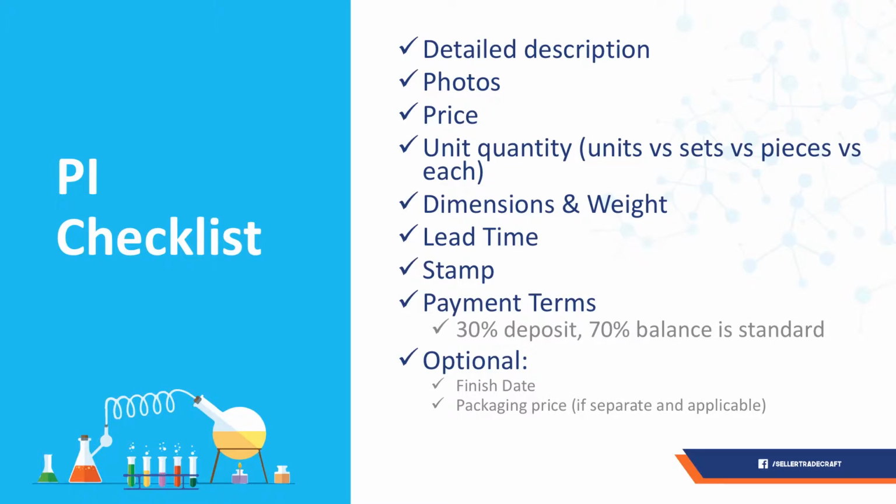And then don't forget about the lead time or the finish date. A lot of manufacturers will give you a lead time. Instead, you really want to figure out what that lead time really means and then try to push for a finish date to be included on your PI. This metric is super important for down the line because from our experience, even when we're ordering big quantities and have leverage, the manufacturers will tend to underguess the amount of time needed and will end up being weeks or even months late.